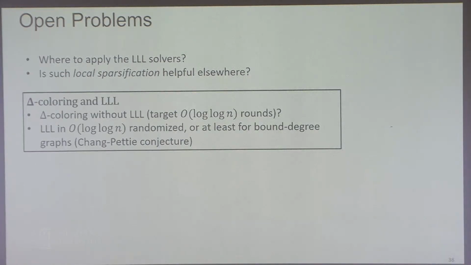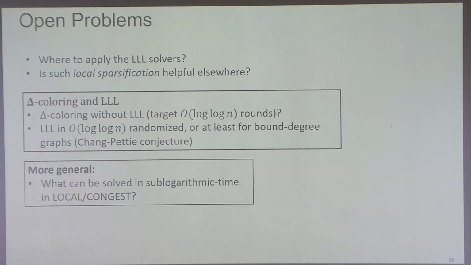Of course, there are open problems for delta coloring and LLL themselves, and here the target is really to get to the lower bound and get log n rounds for both of these. Or for LLL, at least get it on bounded degree graphs, which also is known under the Chang-Pettie conjecture. More generally in this field, we want to understand what can be solved in sublogarithmic time.